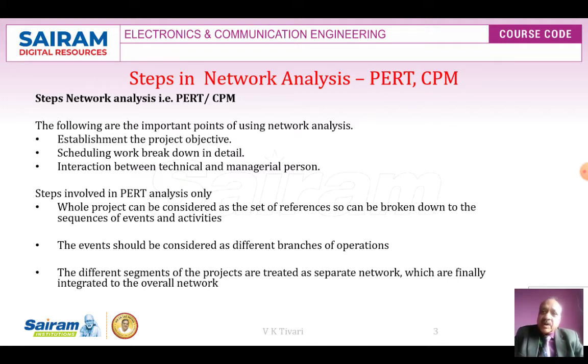Steps involved in PERT analysis only. The whole project can be considered a set of references, so it can be broken down into a sequence of events and activities. So in PERT we have to define what the events are, what the activities are and the major activities and events, and we keep bifurcating, making the entire activities and events into small parts. The events should be considered as different branches of operation.